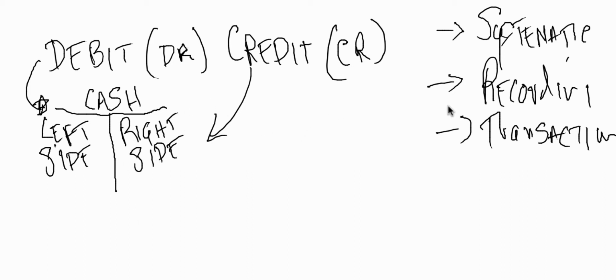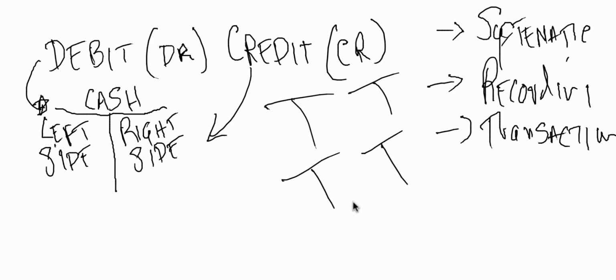And if you remember from the previous tutorial, the recording of all those transactions are recorded in these T accounts. Remember that the T accounts are just a graphical representation of a general ledger account. In future tutorials, I'll show you the difference between a T account and the actual general ledger account, but this is fine for now.